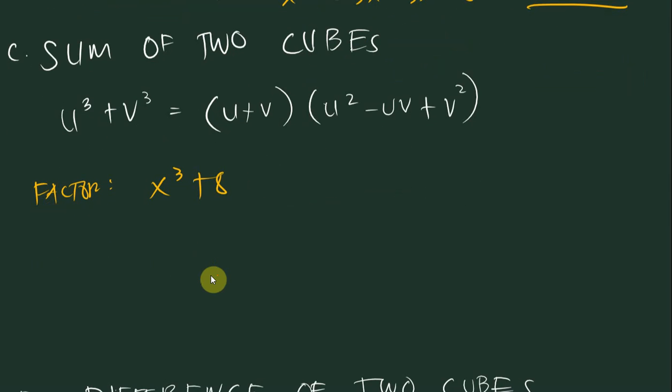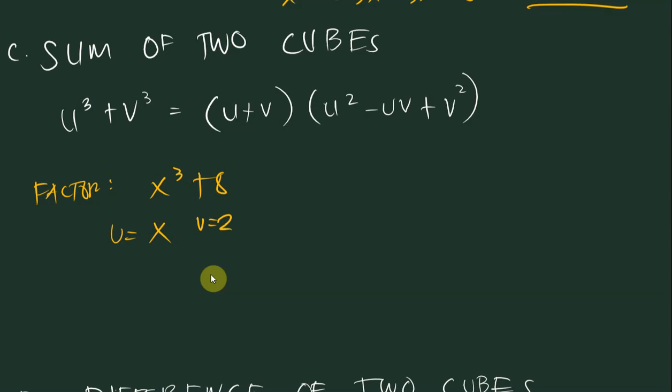So let's identify u. What is u here? U is equal to x, right? Because this is u cubed, so this is x cubed. And then what is our v? What do you cube in order to get 8? That is 2, right? So v is equal to 2.